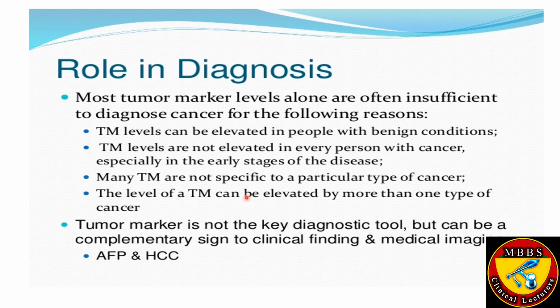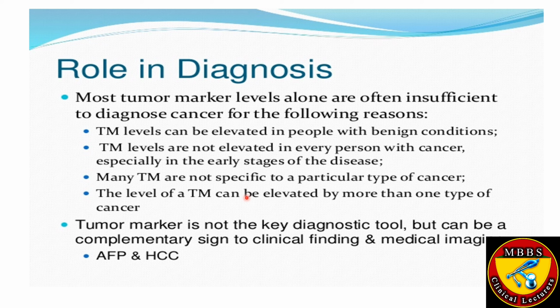Tumors with a higher stage have elevated levels of the tumor marker. Many tumor markers are not specific to a particular type of cancer. This is again a very important reason. So how can you diagnose a tumor only on the basis of the tumor marker? The level of a tumor marker can be elevated by more than one type of cancer. Again, this is also a serious problem.